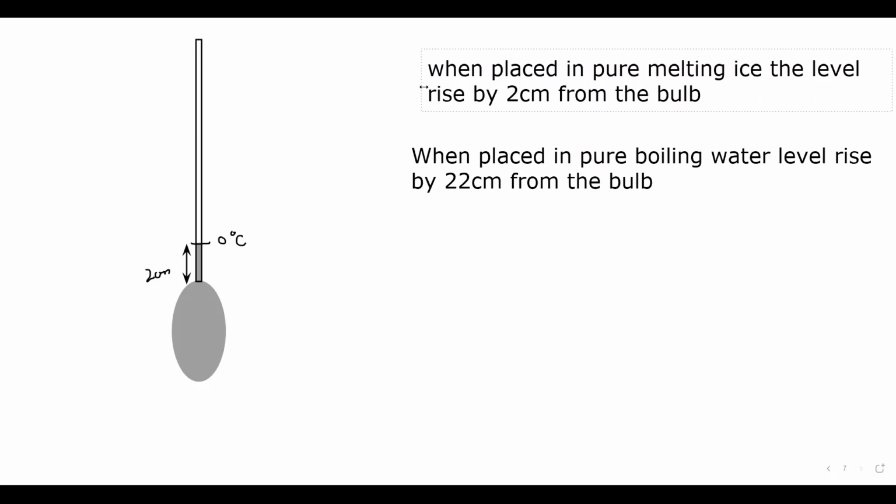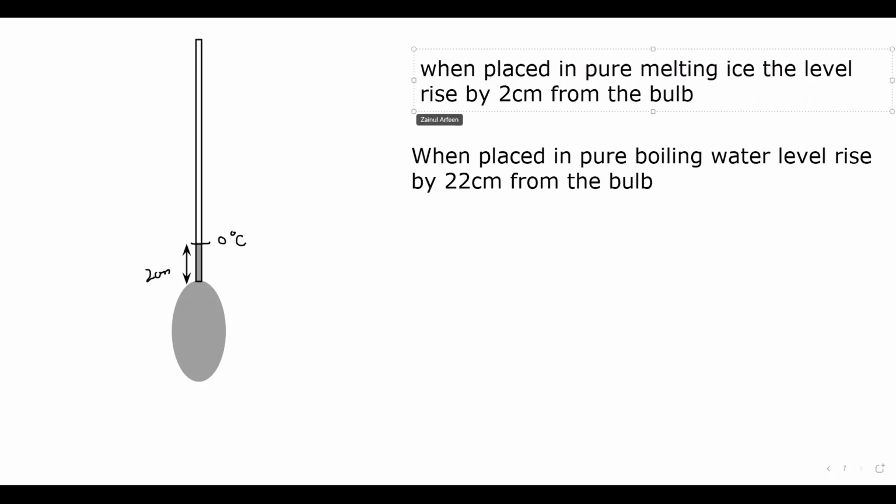So when we place it in pure boiling water, the level rises to 22 centimeter from the bulb. So this is a bulb. So the level rises from the bulb 22 centimeter. So this is 22 centimeter. And here is 100 degrees.